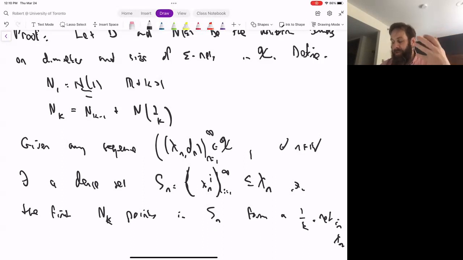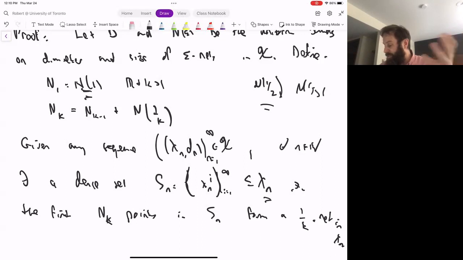And then you need some additional n1 half points to form a 1/2 net. And so you list the points for given the xn, you list the n1 points first, followed by the n1 half points that form the 1/2 net, followed by the n1 third points that form the 1/3 net, and so on. And in that way, you get an infinite sequence such that the first nk points form a 1/k net.